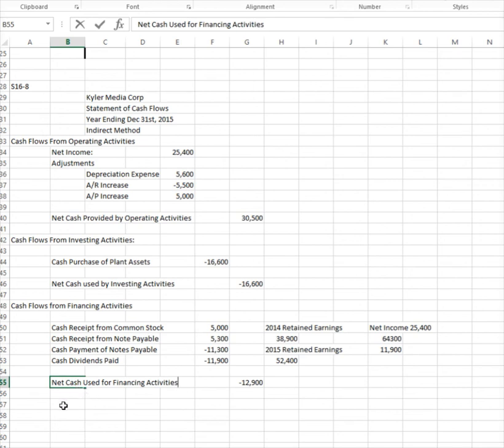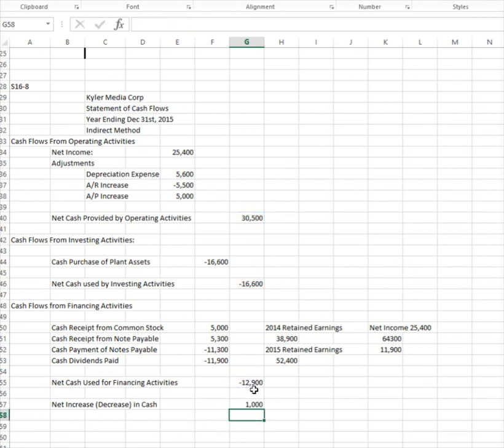Okay, so we're almost at the home stretch here. Now we just need to basically total up the three categories: operating, investing, and financing activities. And so we'll say that increase or decrease, depending on how it plays out, in cash, equals operating activities plus investing activities plus financing activities.